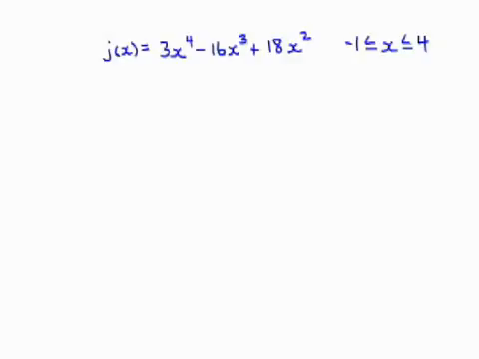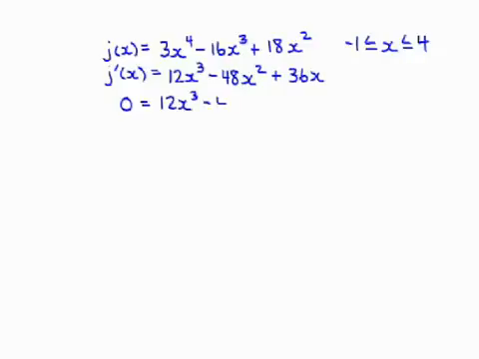Well, we start by taking our derivative, j prime of x, which is equal to 12x cubed minus 48x squared plus 36x. And we set that derivative equal to 0. And we solve the resulting cubic. We first start by dividing everything by 12, because everything is divisible by 12.